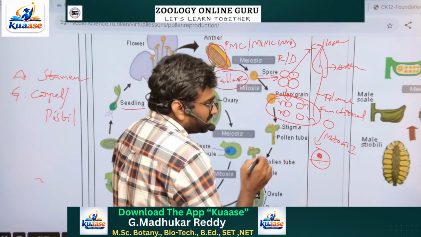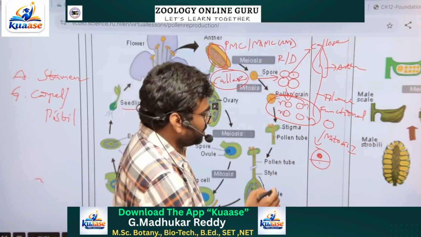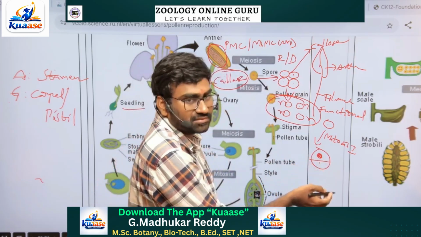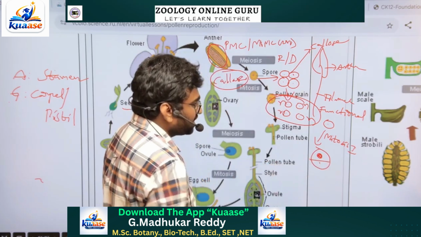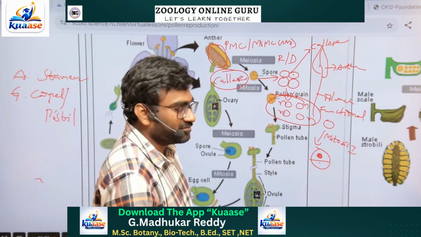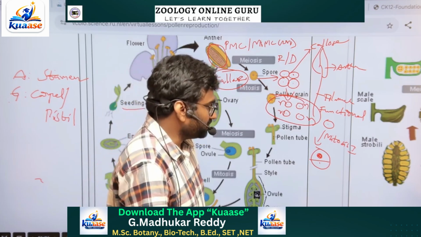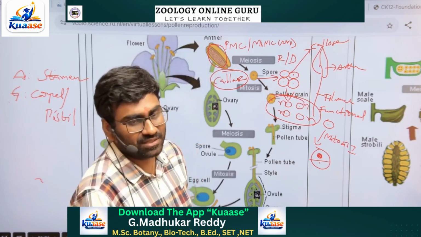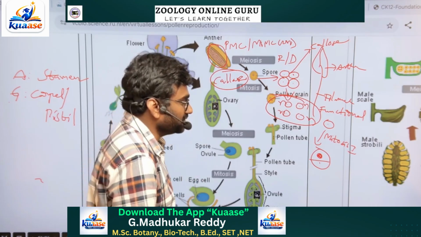The vegetative cell is usually bigger and the generative cell is smaller. The vegetative cell contains abundant food materials, and the generative cell is involved in the production of 2 male gametes by undergoing mitosis division.